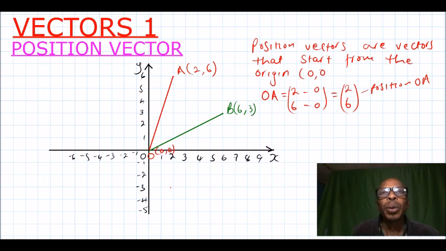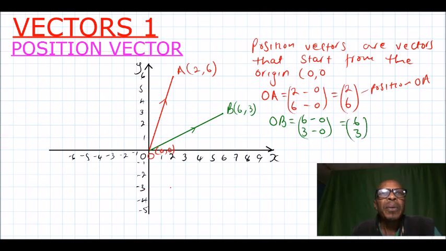Normally we always put direction for vectors, so don't forget that. So we say position vector OB. OB is equal to 6 minus 0 and 3 minus 0, which gives you 6 and 3.